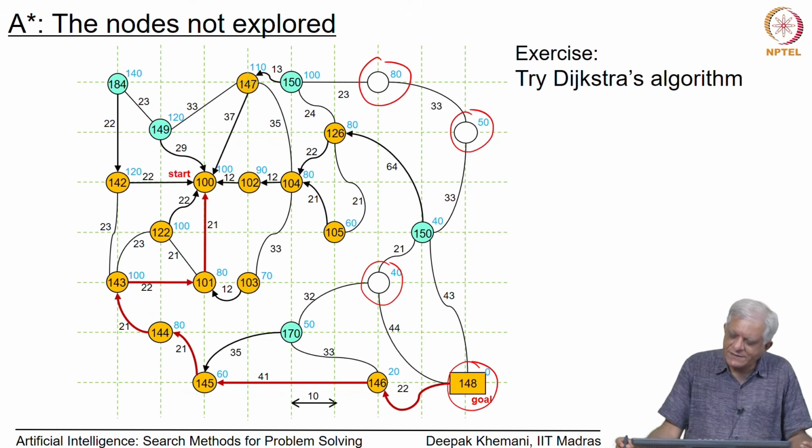Best first search does the least amount of work, but it does not find the optimal path, and we can try and see if there are behaviors between best first and A star which will do less work, but hopefully give you optimal paths, or at least have a better chance of giving an optimal path, even if they may not guarantee it.